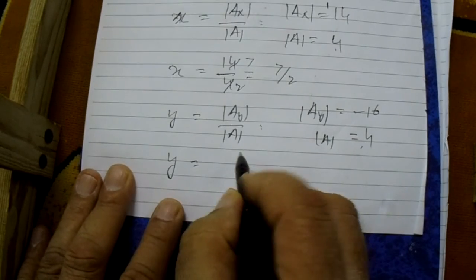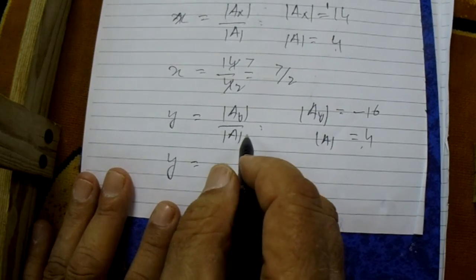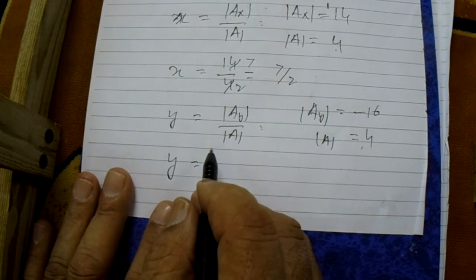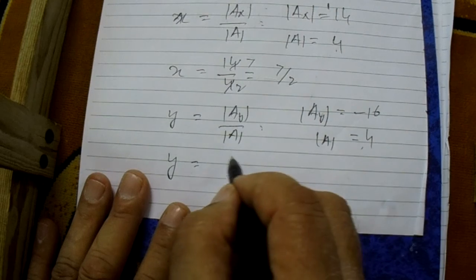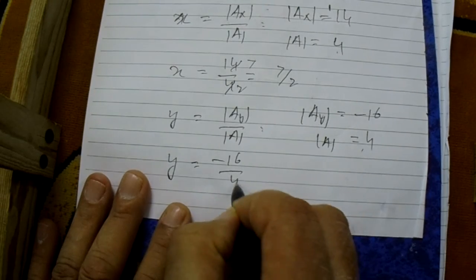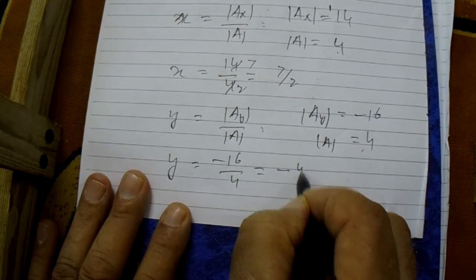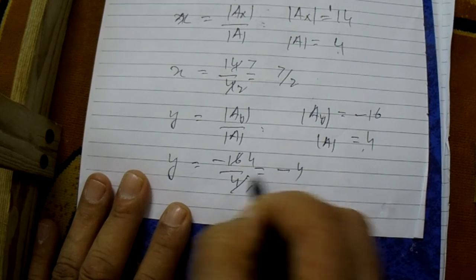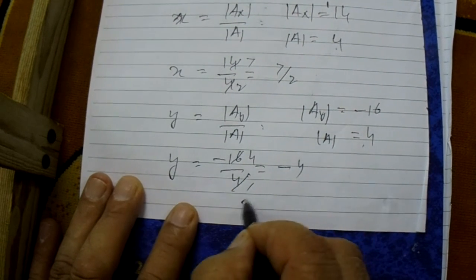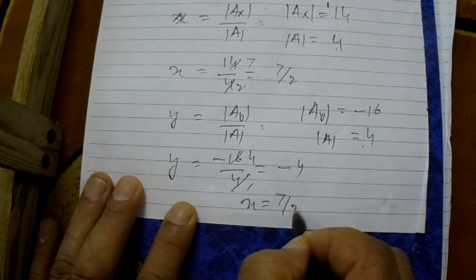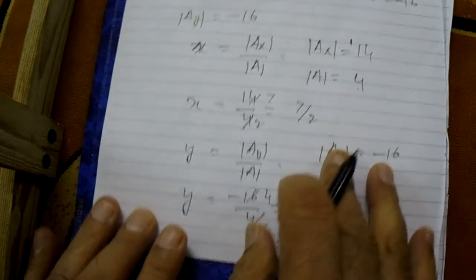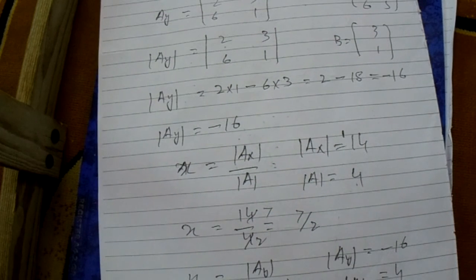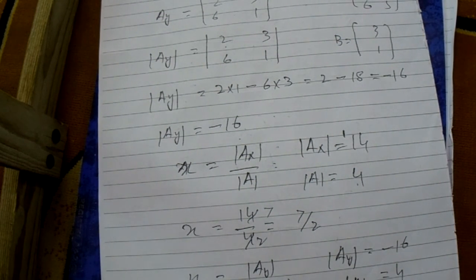Y is equal to minus 16 over 4, which is equal to minus 4. 4 4s are 16, so minus 4. Now we have x is equal to 7 by 2 and y is equal to minus 4. This is the solution of the second equation, the solution of this question.